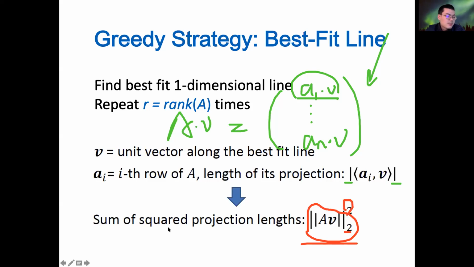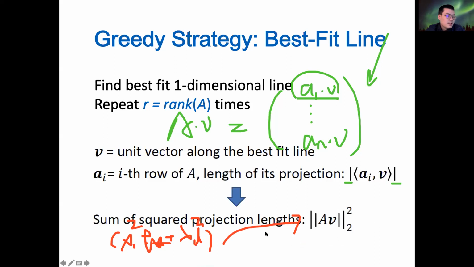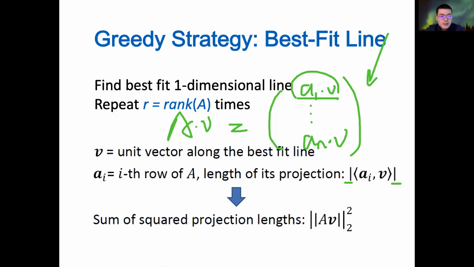If you have a vector x_1, x_2, up to x_d, then your length squared is x_1 squared plus x_2 squared plus up to x_d squared. That's the result, and this is the L2 norm squared. Now we know that Av is a vector like this.